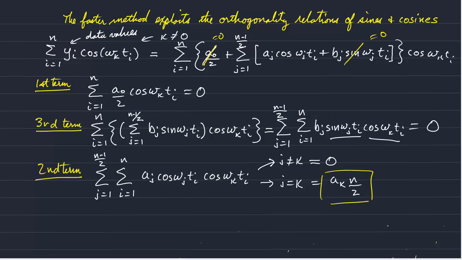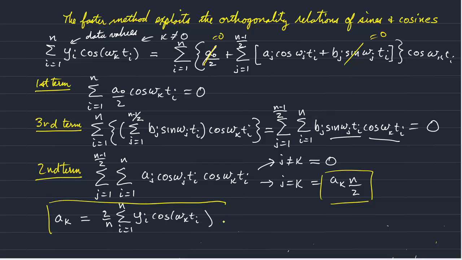So we find that if we set this equal to the left-hand side here, we see that ak is equal to 2 over n times the sum over the data record of each of our data points times cosine omega k t i. And this gives the solution for ak.